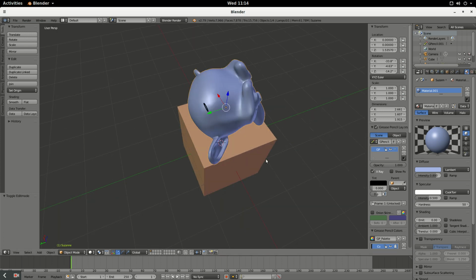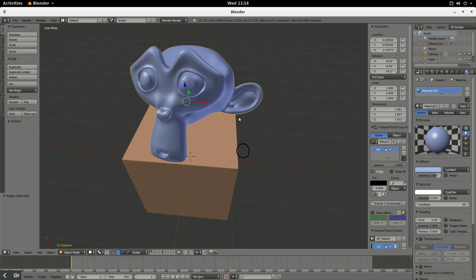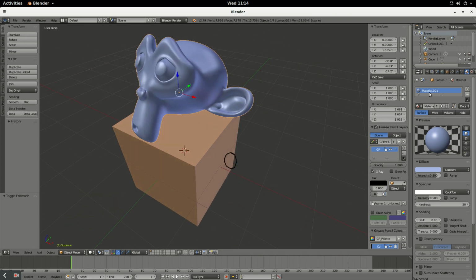Let me get out of this. If you're looking at this particular model, we're building a material for this. We can control the specular intensity. Let me bump it up so that it is really shiny. Here we have another parameter called hardness, how hard this material is. Let me zoom in so that you can see the parameters down there.